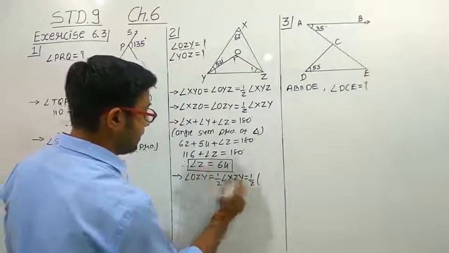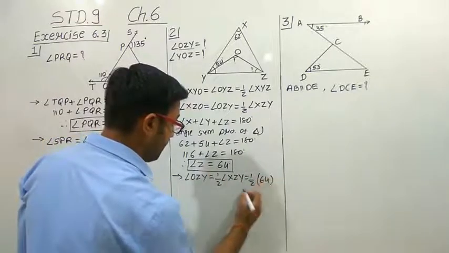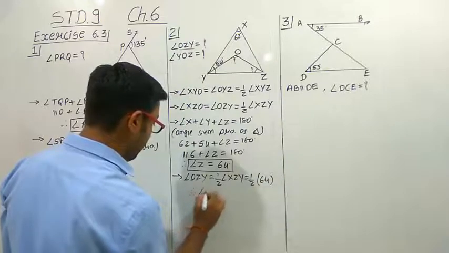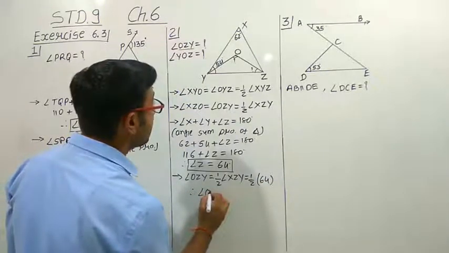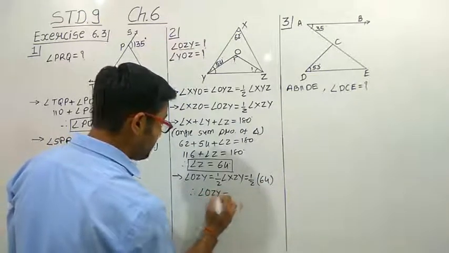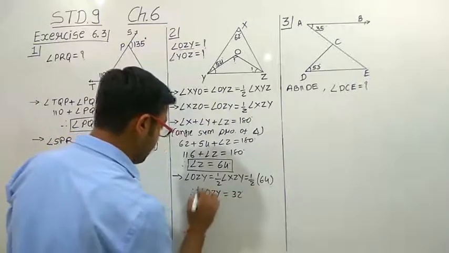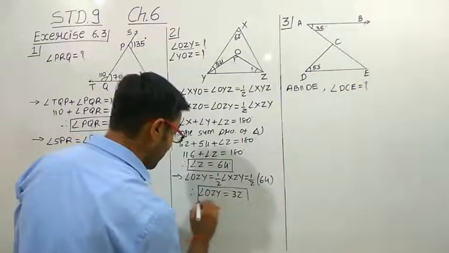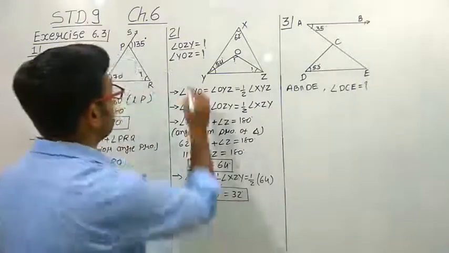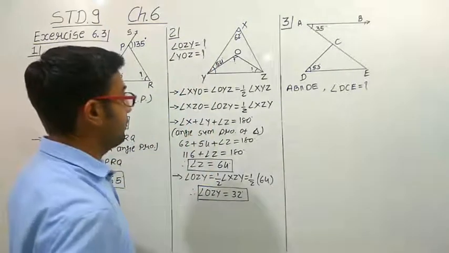That is angle Z, and that is 64. Therefore angle OZY is equal to 64 divided by 2, that is 32 degrees. So this is the value of angle OZY, the first angle value we have found.